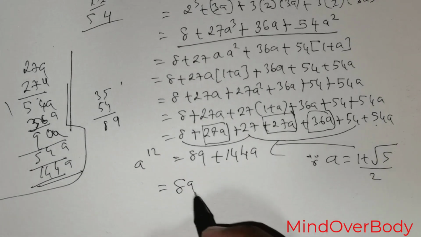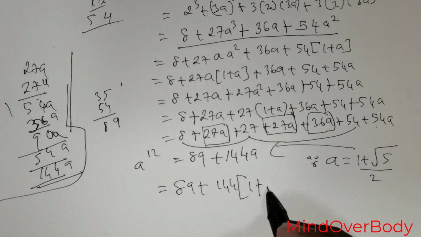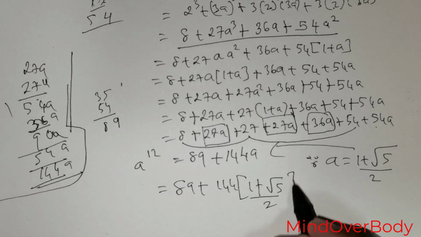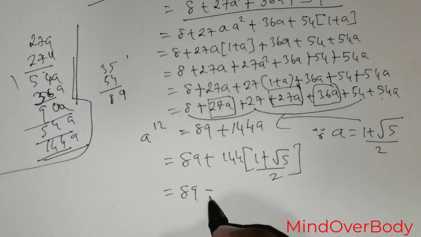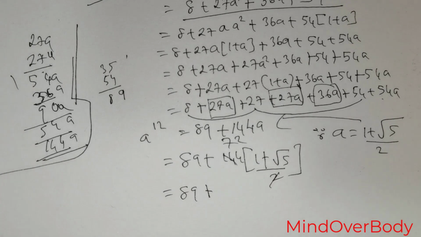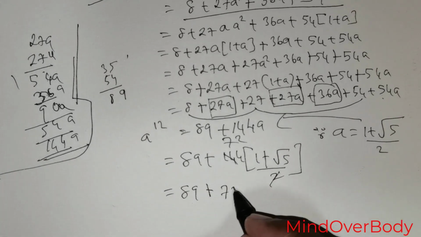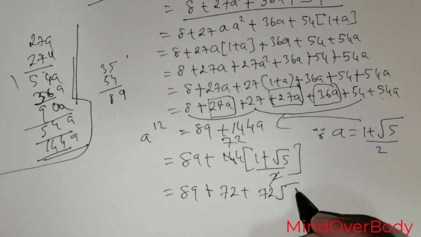So this is going to be 89 plus 144 times 1 plus root of 5 over 2. Now I can rewrite this as 89 plus 72 plus 72 times root of 5.